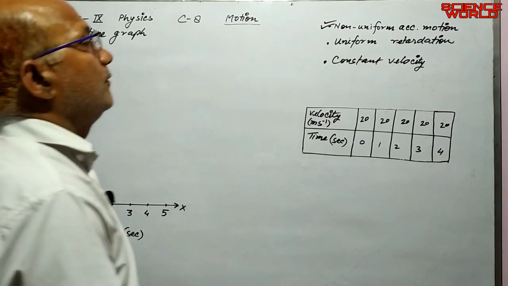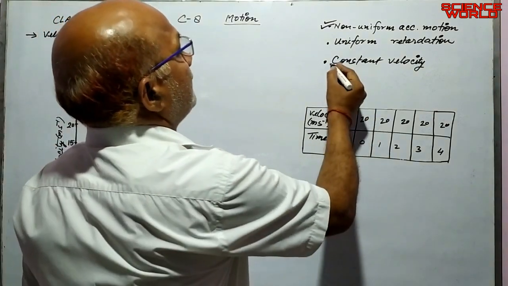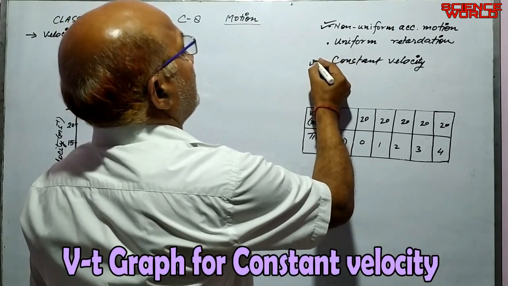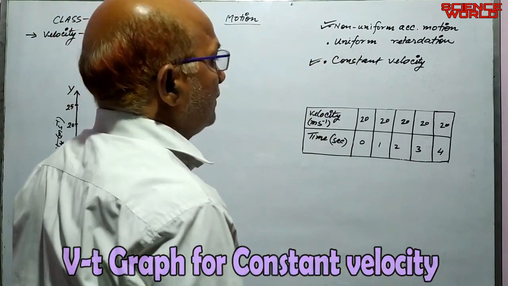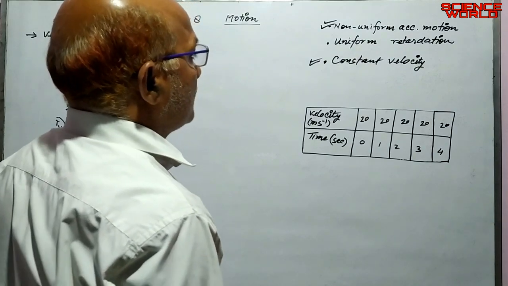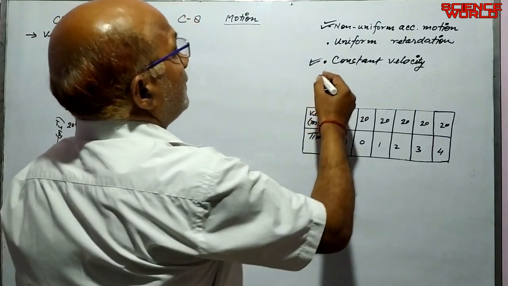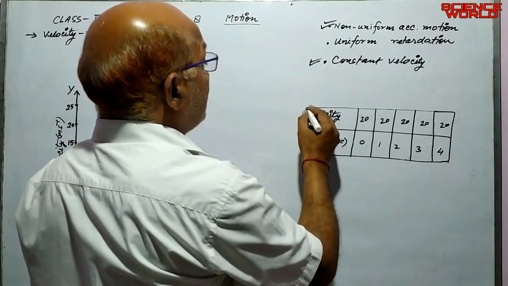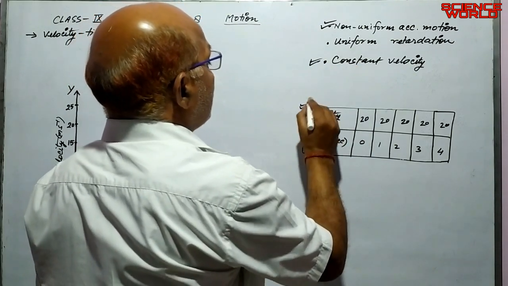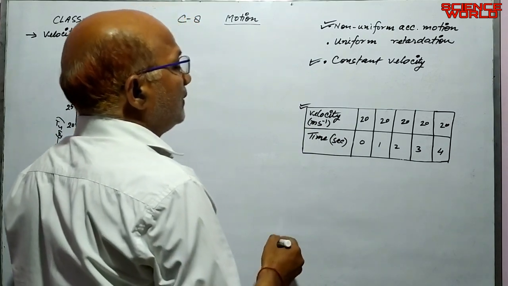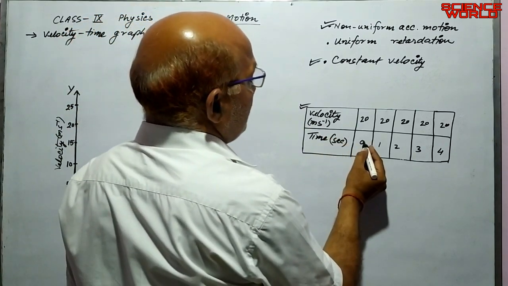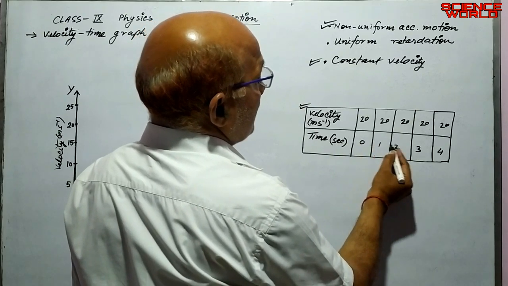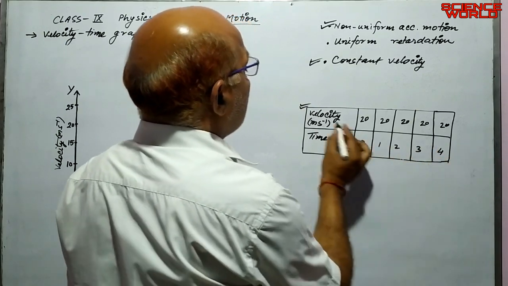Now one more type of graph, the velocity time graph for constant velocity. When a body has constant velocity, how can you draw the VT graph? For this we will consider this data: time in seconds, as you can see 0, 1, 2, 3, 4 and so on.